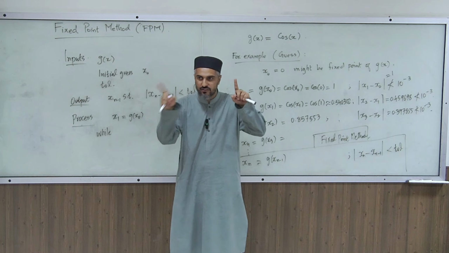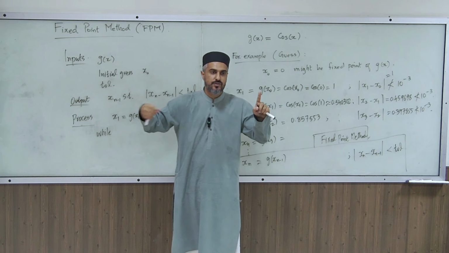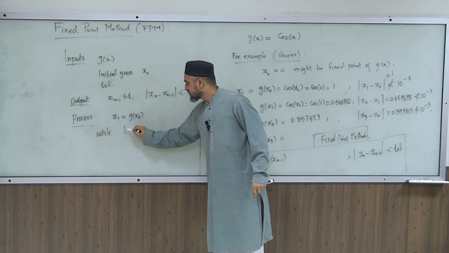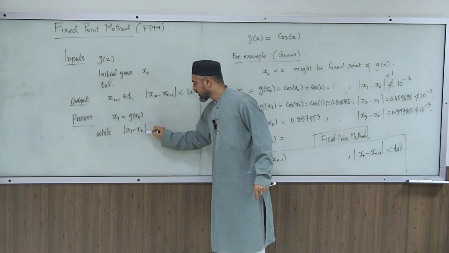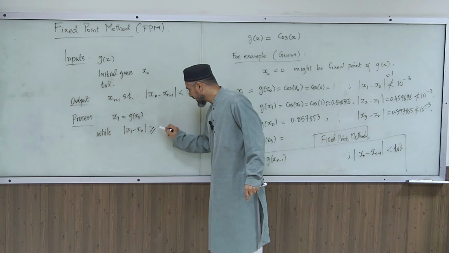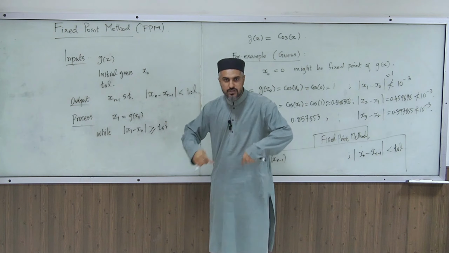Understand, while is like if, but repetitive, because we have to keep repeating a thing. If x1 minus x naught, this is input, this is output, if they do not match, then I need to find a solution.